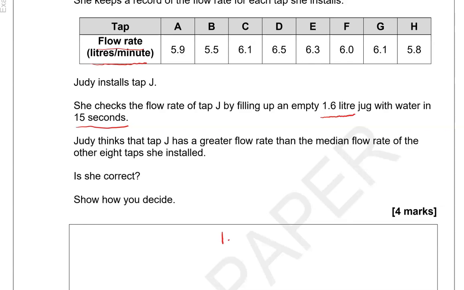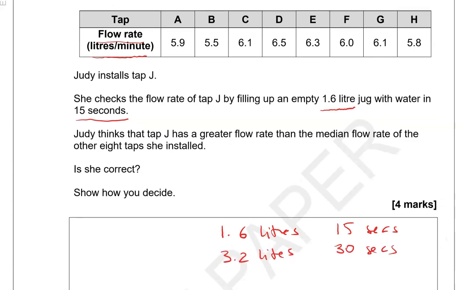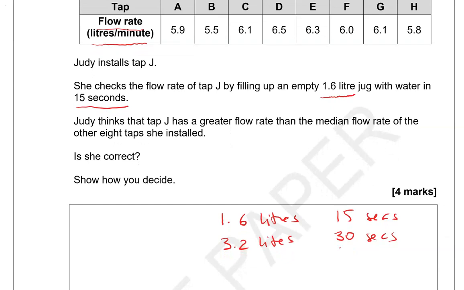If 1.6 litres can be filled in 15 seconds, then in 30 seconds that will be 3.2 litres. In 60 seconds, which is a minute, we'll have to double that, so that will be 6.4 litres.